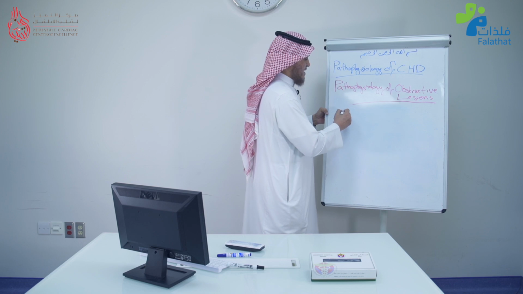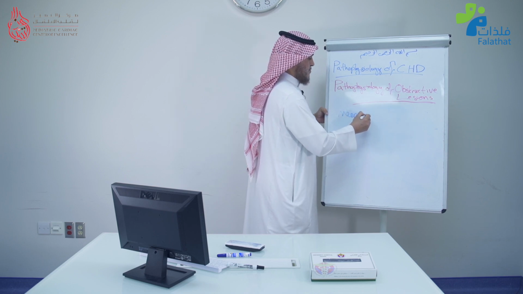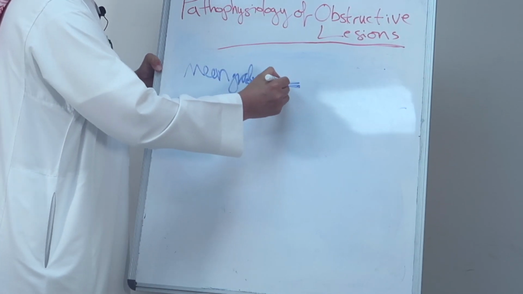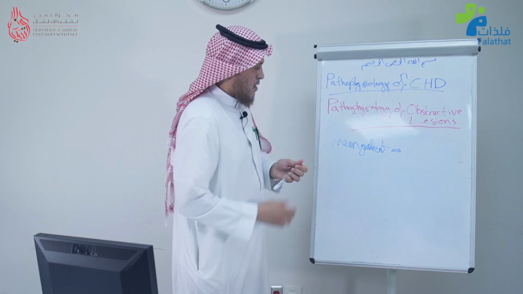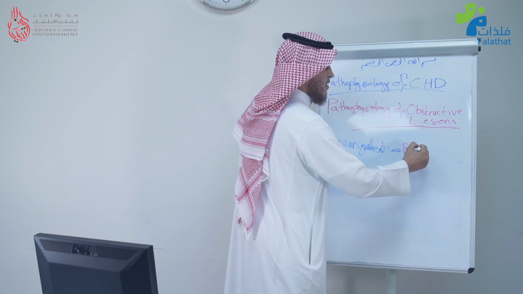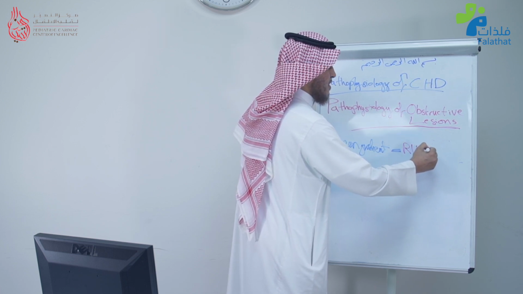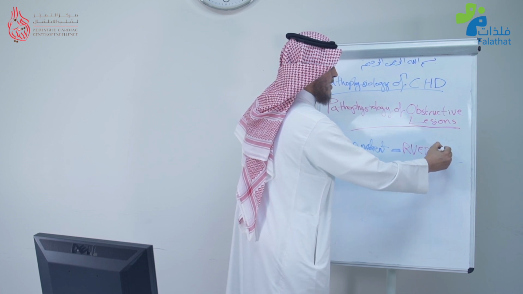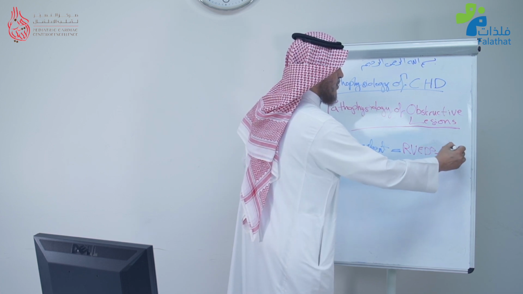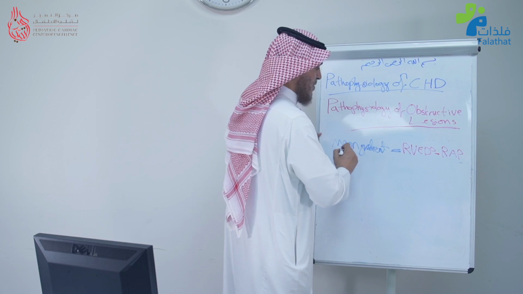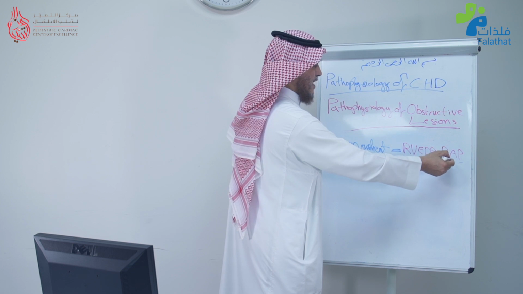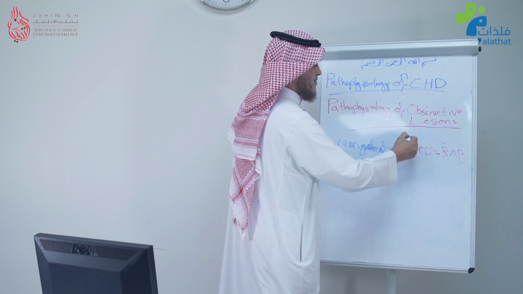And when we say mean gradient, it's equal to the difference between the right ventricle end diastolic pressure and the right atrial pressure. The mean difference between both of them will equal the mean gradient. This being, sorry, it has to be the other way because this is the higher number will be. So it's going to be there and there.